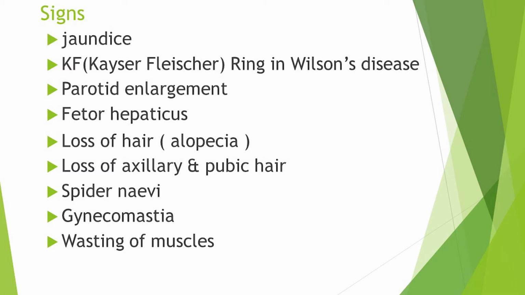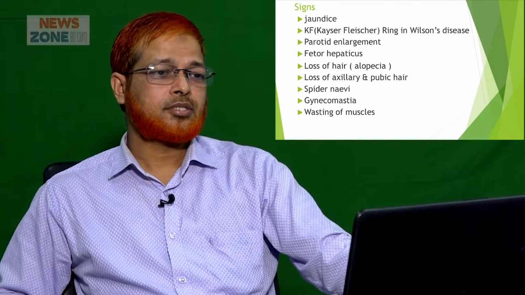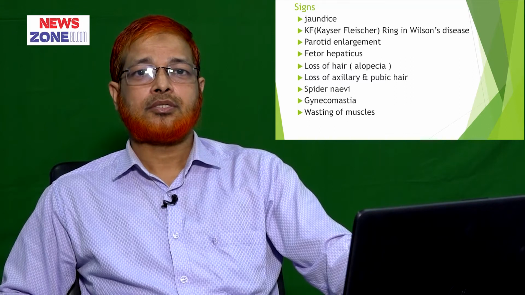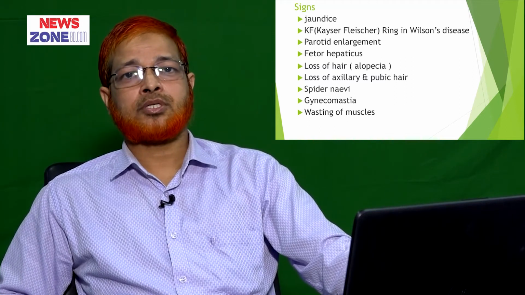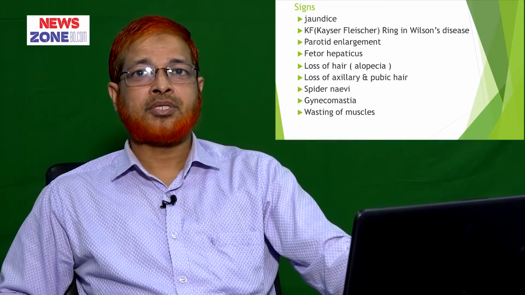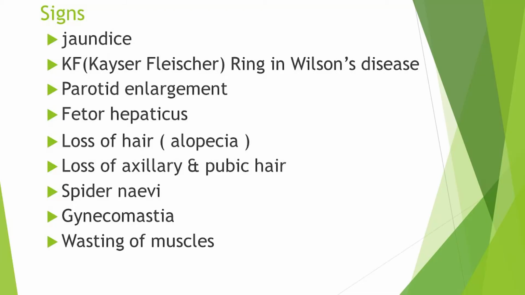Some common features and some uncommon features are seen in cirrhosis of liver. Jaundice is one of the most important features, which is also a feature of decompensation. If the patient develops hepatic encephalopathy, some features may develop. If we examine the eye, we can see the Kaiser-Fleischer ring. We can see parotidomegaly.